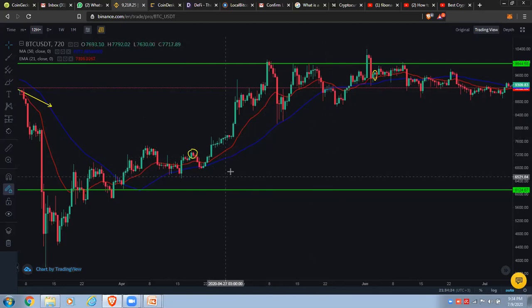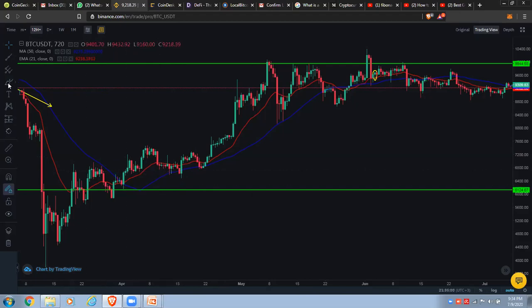I'm trying to tell you something, that there is another way you can trade on the candlesticks. All you need to do is identify a trend. When we're in a downtrend, always know moving averages are resistance. Whenever we're in an uptrend, always know moving averages are support.